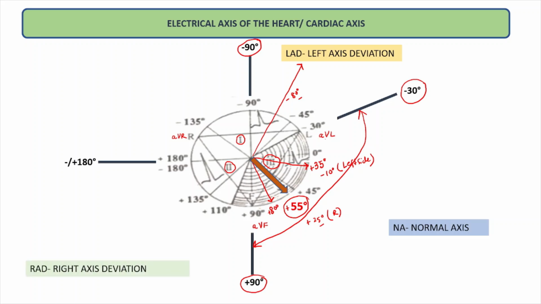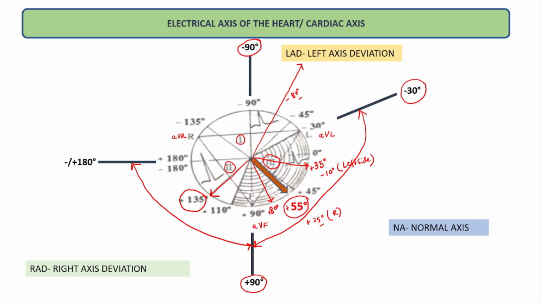Next, if the electrical axis of heart lies between plus 180 degree and plus 90 degree, then it is called right axis deviation. Suppose the electrical axis lies in this area, so this is plus 135 degree. So this plus 135 degree indicates that an individual has right axis deviation.